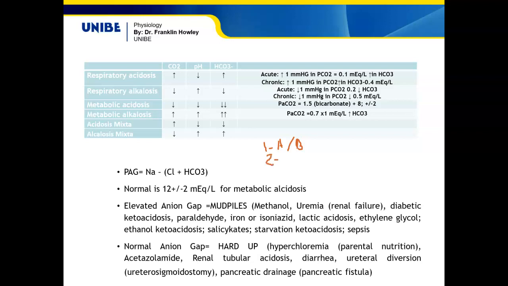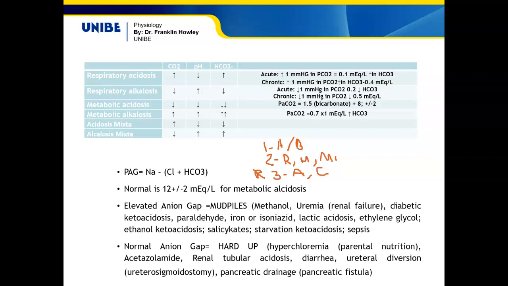The second thing that we need to determine is if it's respiratory, if it's metabolic, or if it's mixed, which we'll explain in a second. Now, if it's respiratory, we do 3, which is basically determining if it's acute or non-compensated, or chronic or compensated.